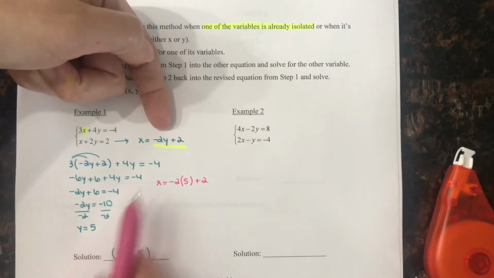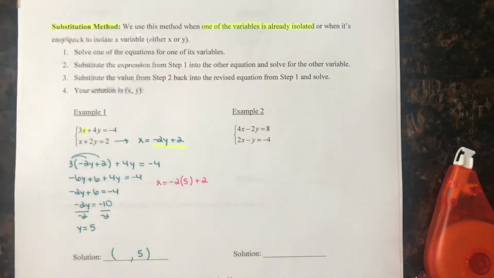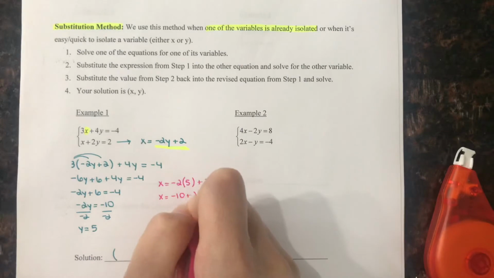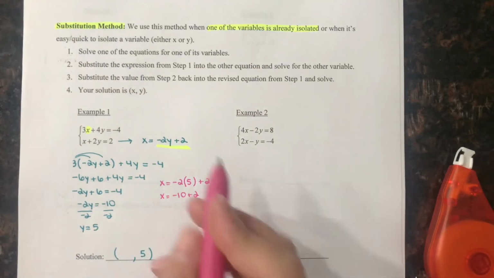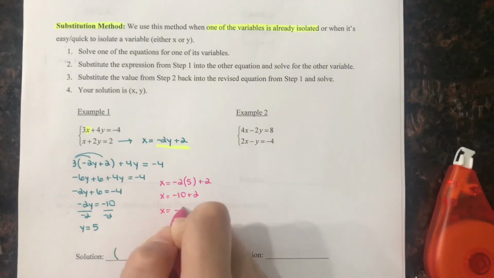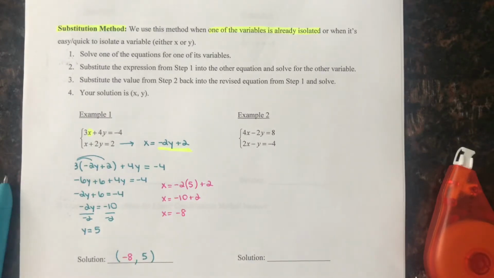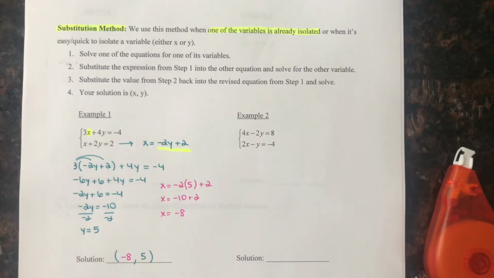So I plug the 5 in place for the y, and we have x equal to -8. Okay, so our final answer is this coordinate right here. So I'm going to give you guys a minute to try the next problem.